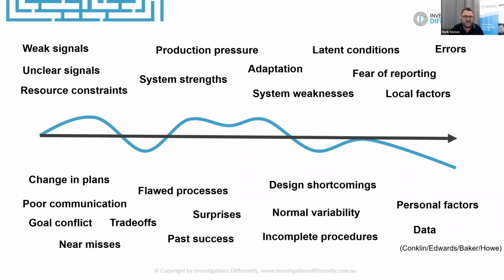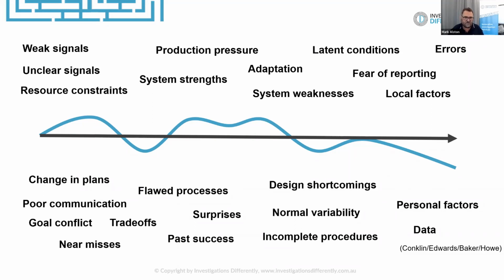We've got flawed processes, right? There are resource constraints. I don't work with any organisation that believes they're overstaffed. Every organisation I work with believes they've got more work than they can possibly do. We talk about goal conflicts, and there are age-old ones like operations and maintenance, production and safety, contractor-client goal conflicts. All these things drive how work occurs.